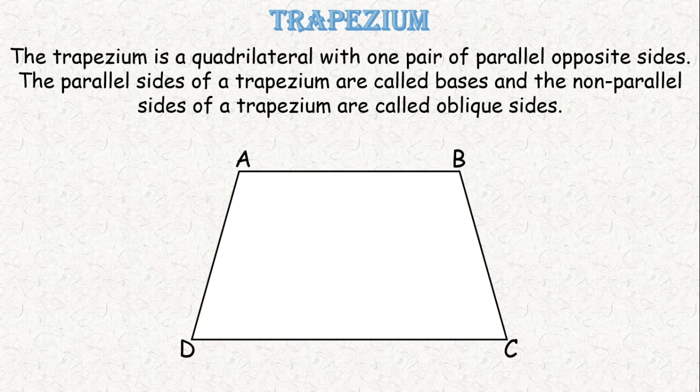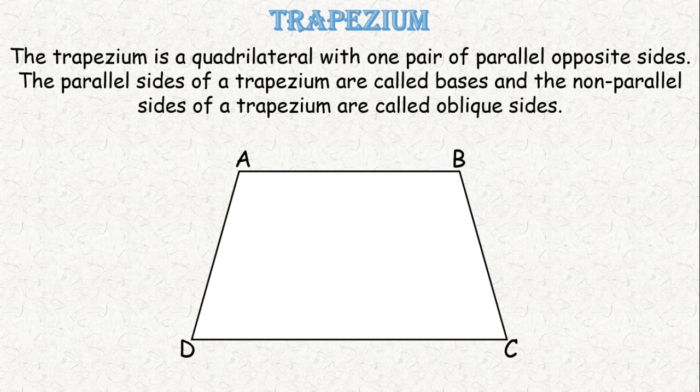Here these two parallel sides are known as bases, and the non-parallel sides, that's AD and BC, are known as oblique sides. Here there are two pairs of sides in the trapezium. One is parallel sides and one is oblique sides. Here parallel sides and oblique sides are opposite to each other.